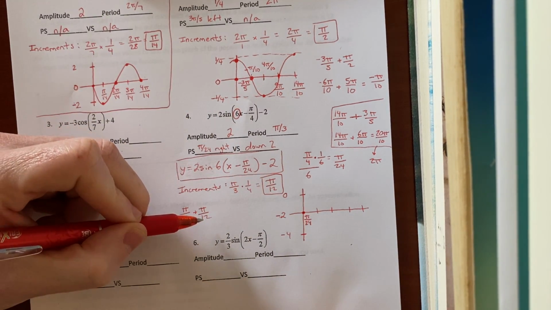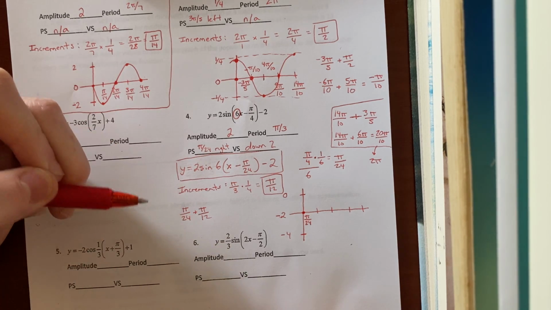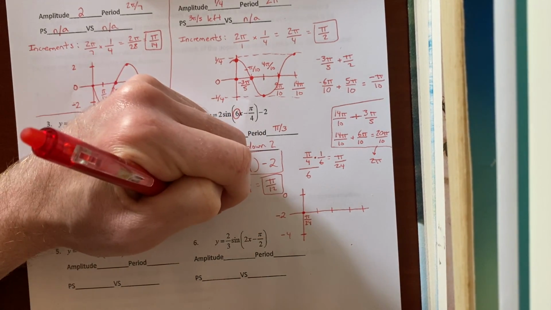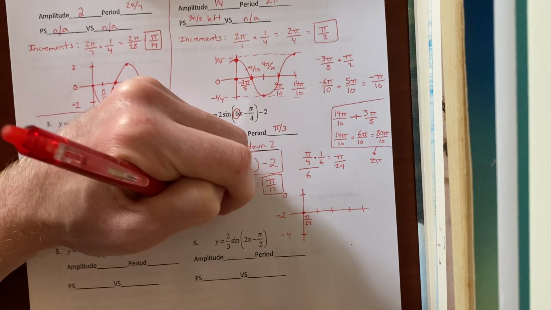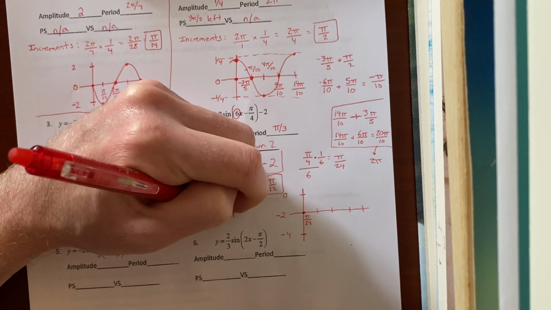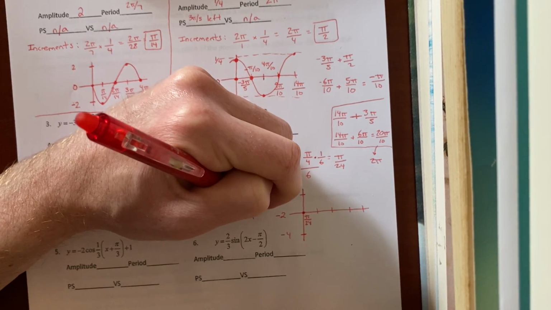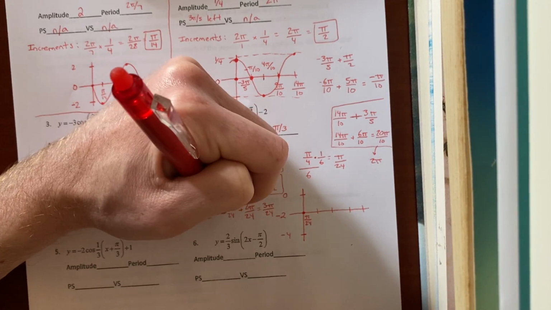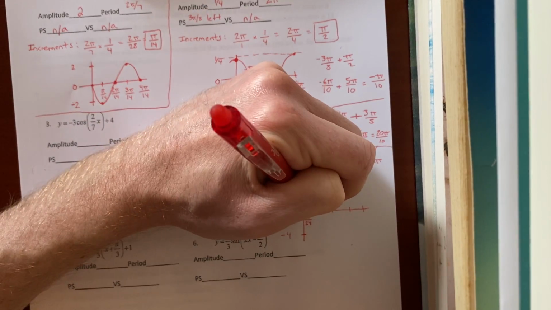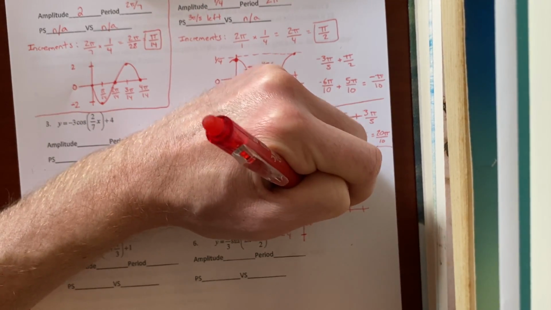Common denominator, I can just multiply both my numerator and denominator by 2. So I'm going to get pi over 24 plus 2 pi over 24. And we know that equals 3 pi over 24, right? Common denominator, I can just add my numerators. So this is 3 pi over 24.